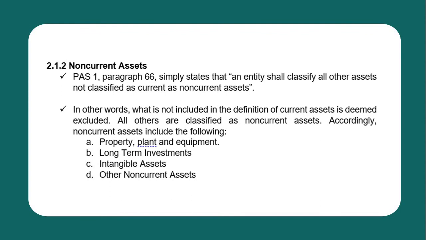We have property, plant, and equipment. So, tanang mga property, plant, and equipment such as land, building, equipment, machinery, i-lump na siya into one minimum line item, and that is property, plant, and equipment. Long-term investments, intangible assets, and other non-current assets.